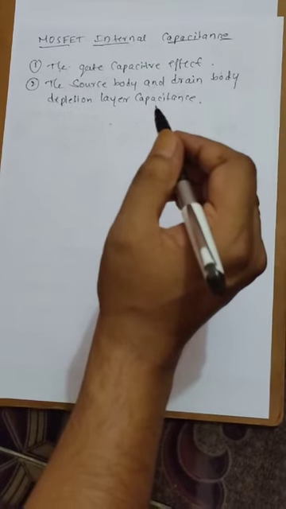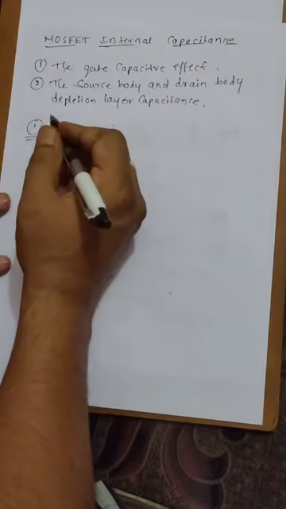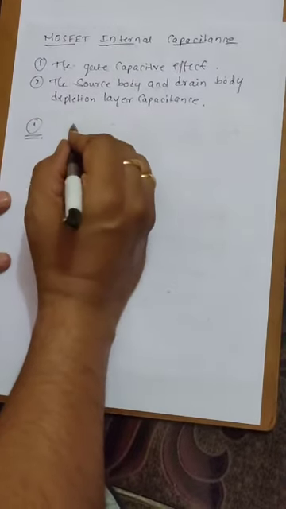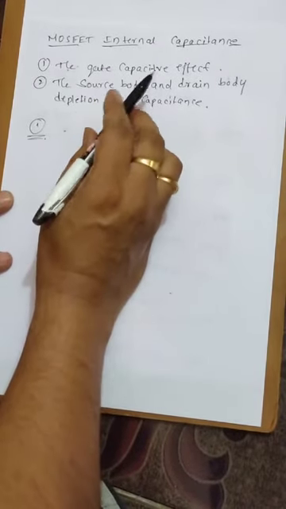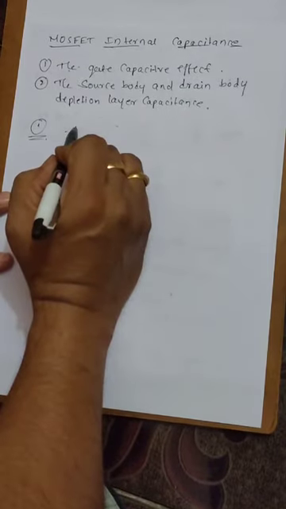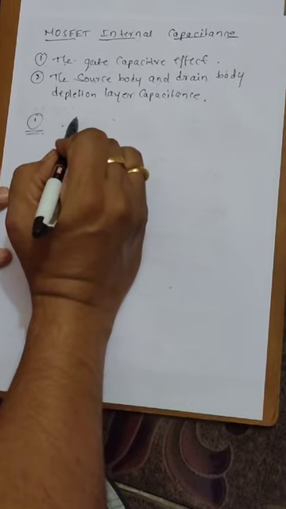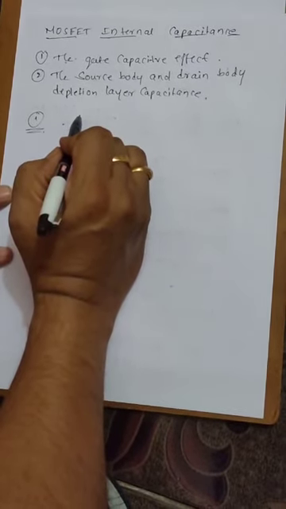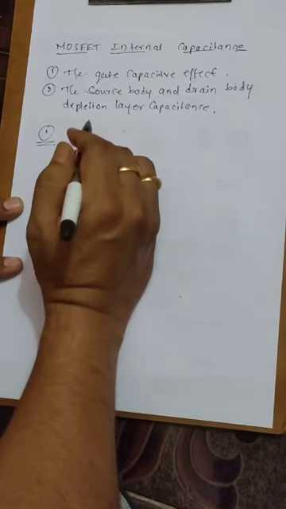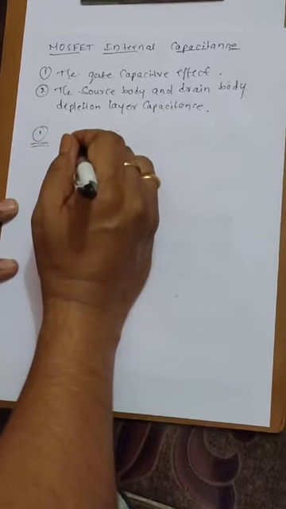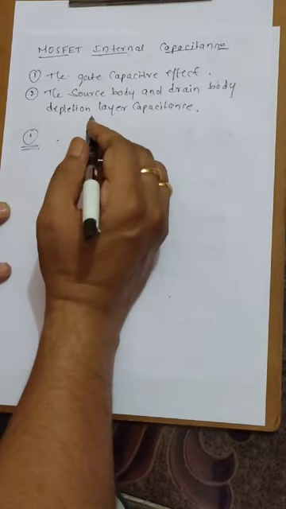In the gate capacitive effect, the gate electrode, that is usually polysilicon, forms a parallel plate capacitor with the channel, and the oxide layer serves as the capacitor dielectric.